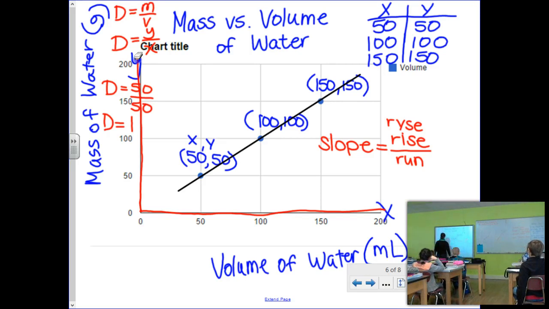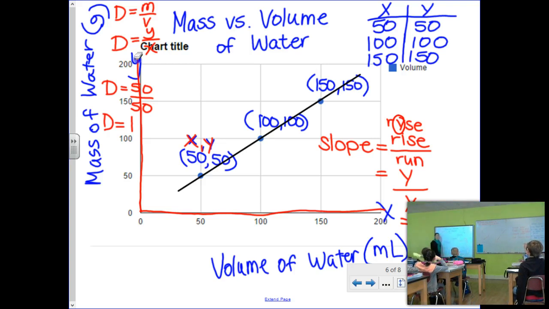So now, if we look at our coordinate pairs, x and y, I can rewrite this as y over x. Do you see why Mrs. Miller misspells it as rise? It shows you the y there. Now, if we look at our coordinate pair, what is my y? 50.